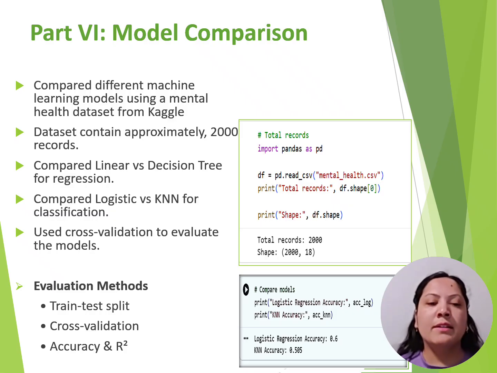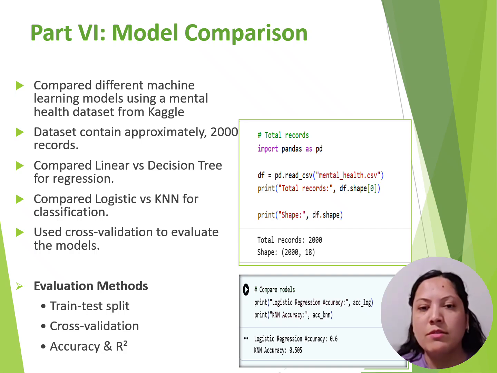And then at the end I used cross validation to evaluate the models. For the evaluation methods I used train and test split, cross validation, and accuracy and R square.